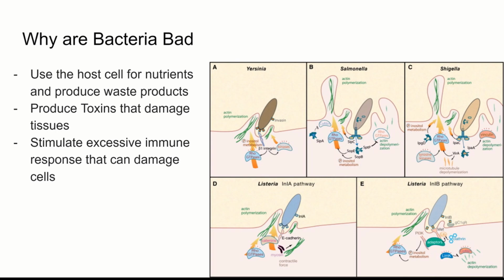Those waste products might be toxic to the cell, or the cell just has to use energy to get rid of them. So it can be really detrimental to the host cell to not only lose nutrients and energy to this bacterium, but also now it has to deal with all of the toxins and waste, and those can cause damage to our tissues.